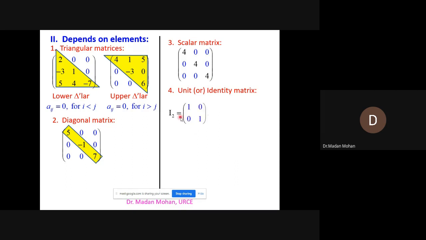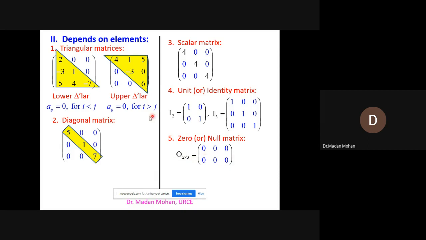In particular, I2 means second order unit matrix. Similarly, I3 is the third order unit matrix. Suppose these are also zeros, we call it a zero or null matrix. We denote, for example, it can be rectangular also. O 2 cross 3 means 2 rows, 3 columns.